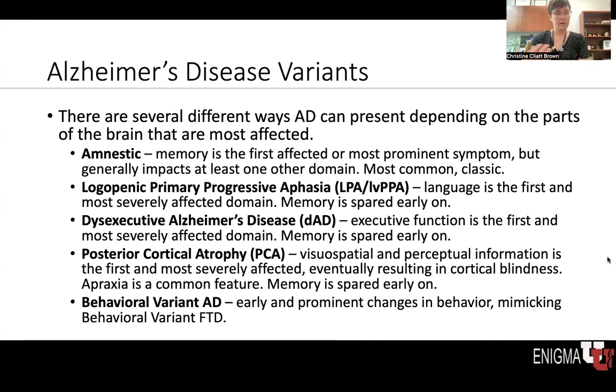This we would call a typical amnestic presentation of Alzheimer's disease, where memory is the first and most prominent symptom, but it generally does impact at least one other domain and then will progressively worsen. So this is the most common, the classic sort of presentation of Alzheimer's disease.